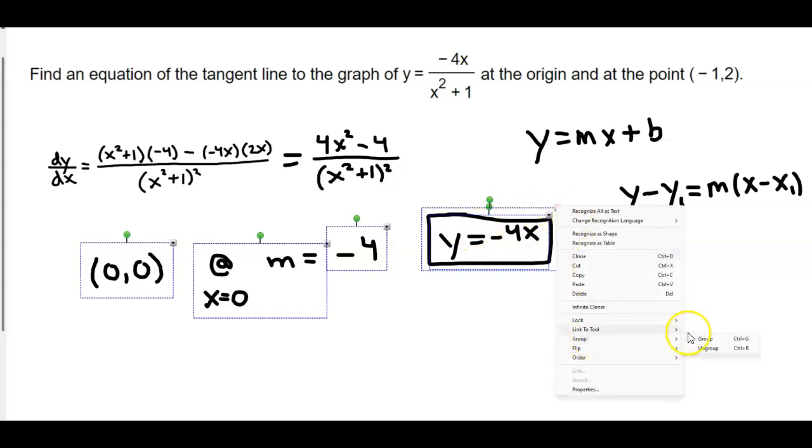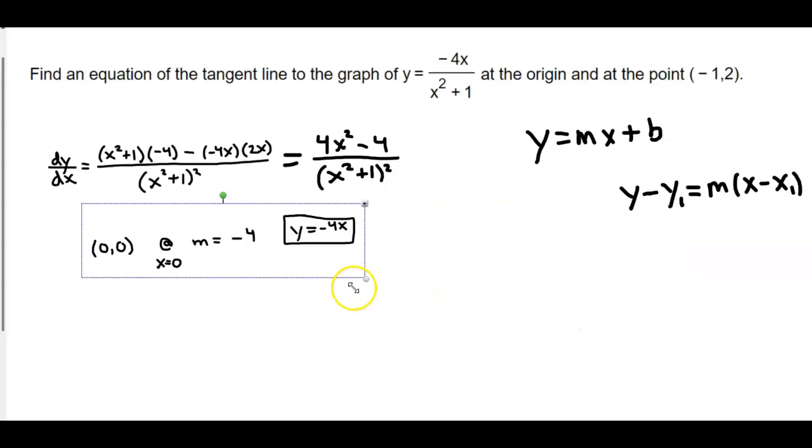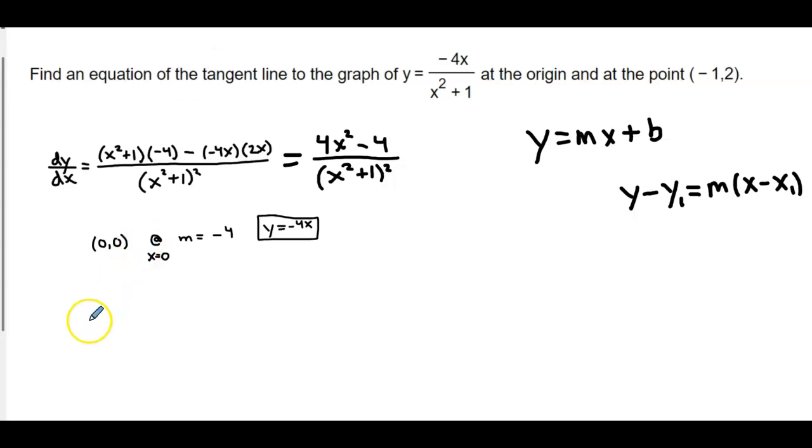We can do it again for the other point given, which was negative 1, 2. So if we're going to find the slope of our tangent line at this point, we need to evaluate our derivative at x equals this x value, negative 1. So if I plug negative 1 into my derivative here, I'm going to get negative 1 squared is a positive 1 times 4 and then minus 4.